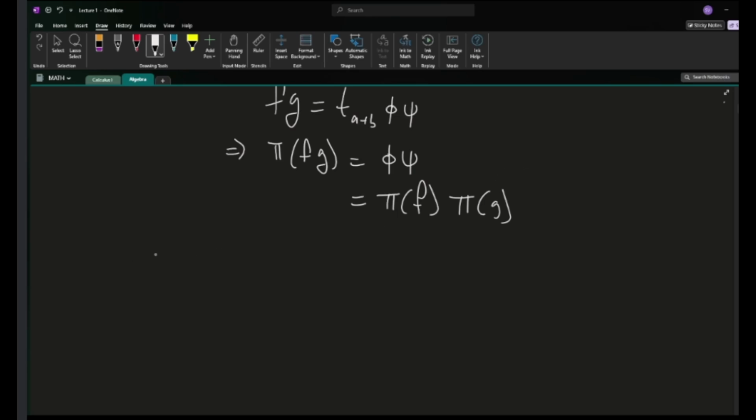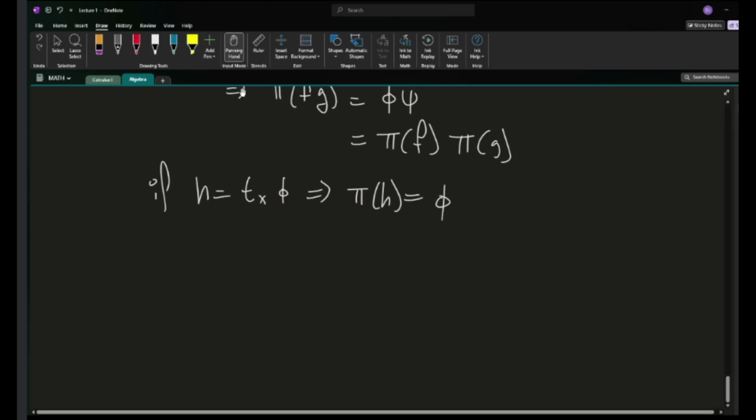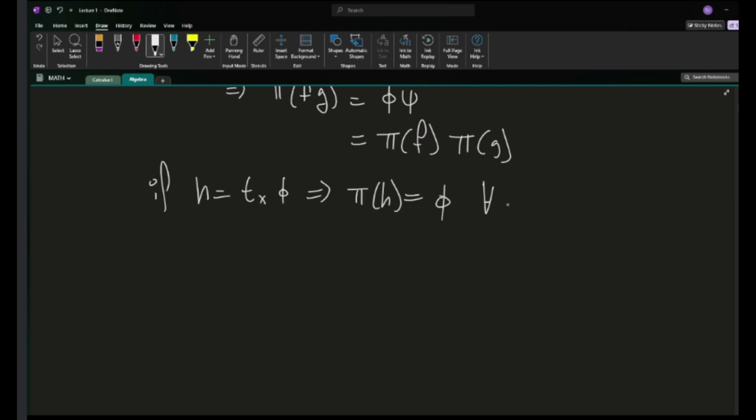And similarly, if we have h equal to the translation of x, then pi of h is just equal to phi for all h in R^n. Then pi is surjective.